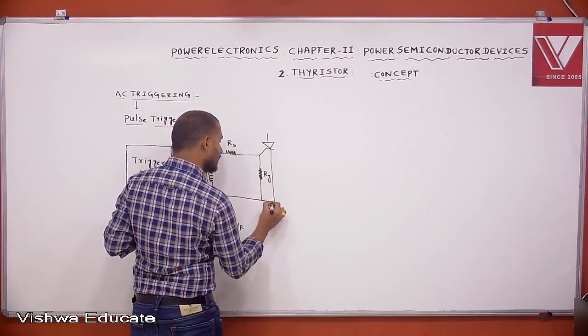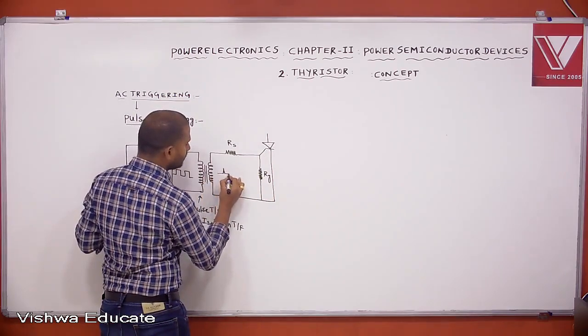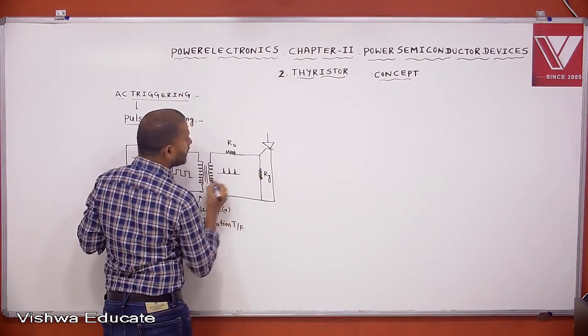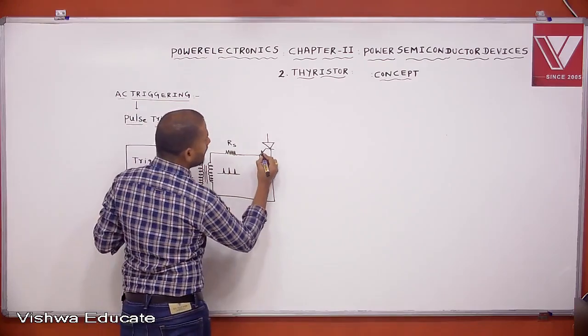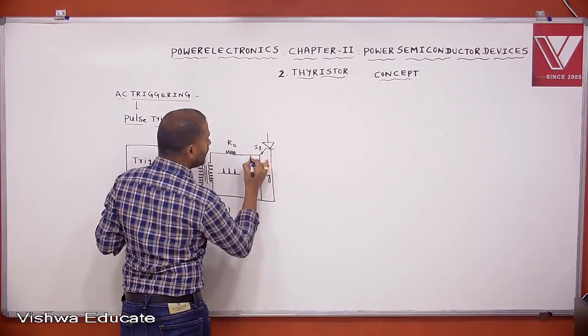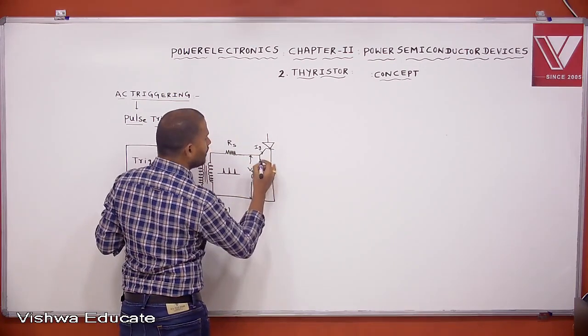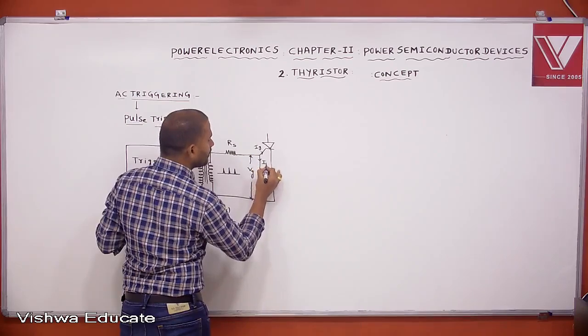In this pulse trigger circuit, the pulses are applied to the gate. Now this current is IG. This voltage is taken as VG, the gate trigger voltage. Let this current be IR.